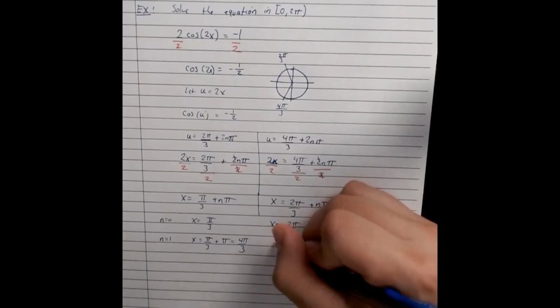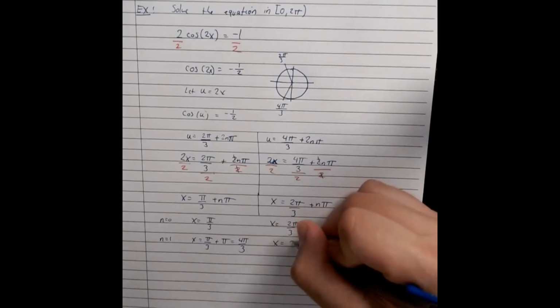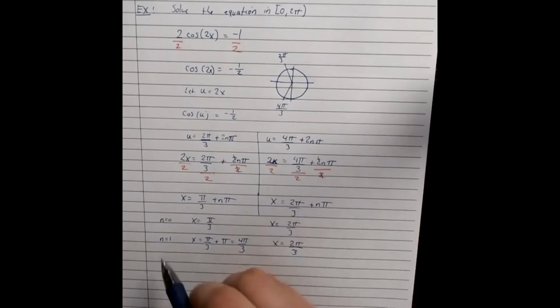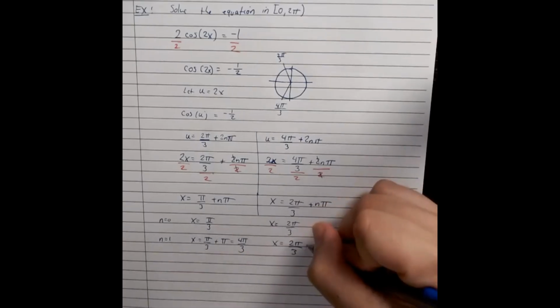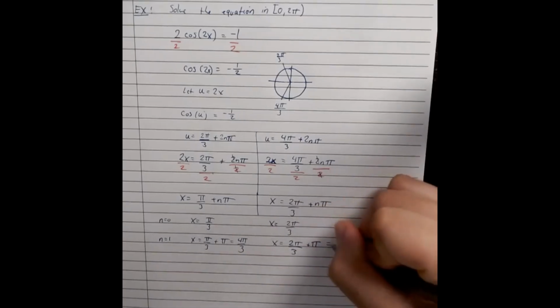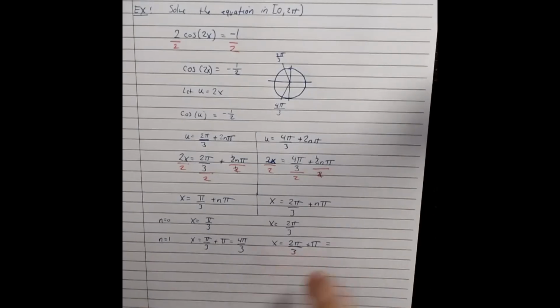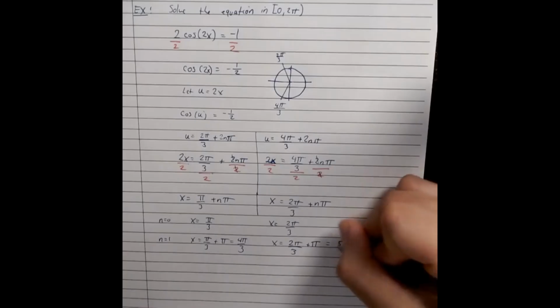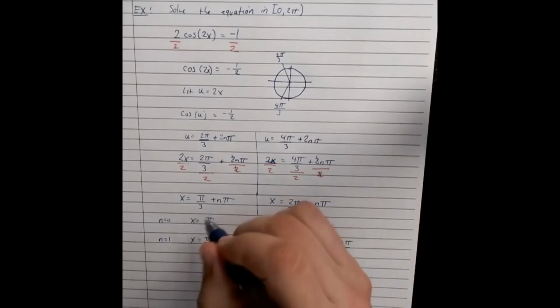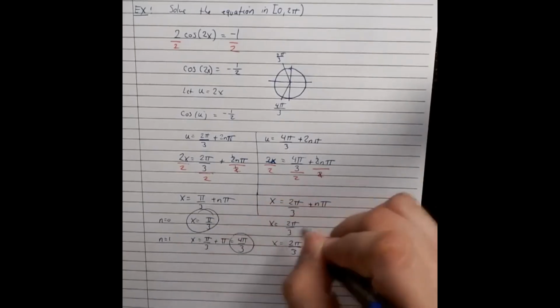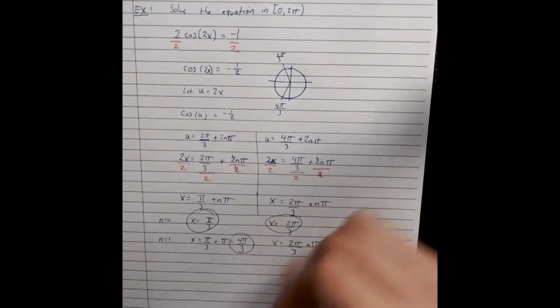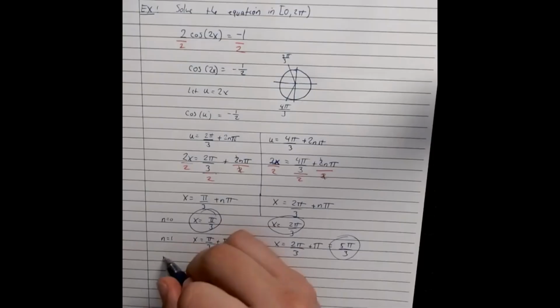Let's see what happens if I do that over here. I would do 2 pi over 3 plus, now n is equal to 1, so plus 1 pi. And pi plus 2 pi over 3 is 5 pi over 3. Oh, look, I have 1, 2, 3, 4 solutions. Let's keep going. Maybe we can find more.